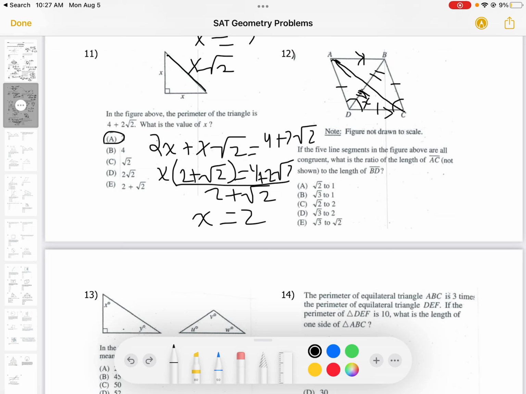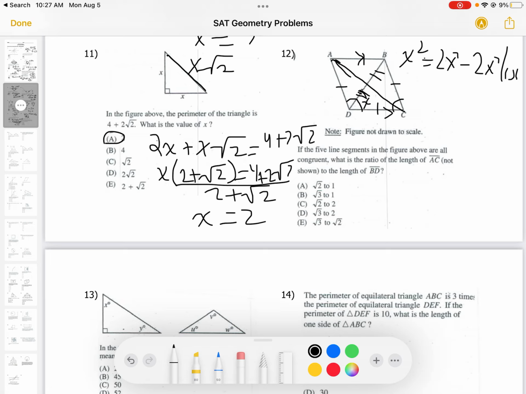Okay, let's see. So I guess we can use the law of cosines. I think that's just like the fastest brute force way to do it. There's probably a better way, but we'll see. So x squared, which is BD, is equal to 2x squared minus 2x squared times cosine of this angle.